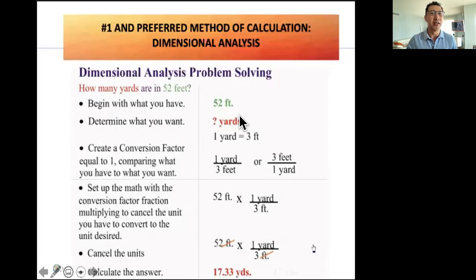I don't know how many yards I have. But what I know is 1 yard is 3 feet. So I'm going to set it up as so. 1 yard over 3 feet, or 3 feet over 1 yard. Next, I'm going to work on this problem. I'm going to set it up as 52 feet times 1 yard over 3 feet. Cross multiplication, cancel feet. Which brings me 52 over 3 is 17.33.